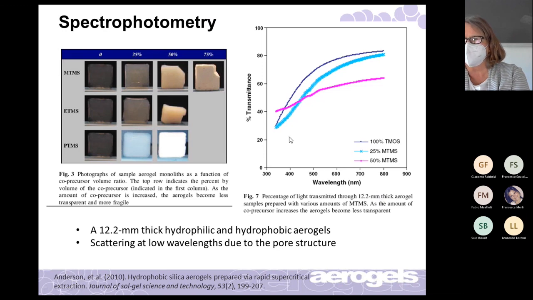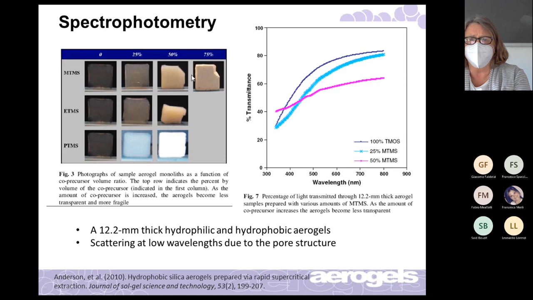But once we start to add these precursor chemicals that make it hydrophobic, you can see it becomes more opaque. Here's where we added 25%, and here's at 50%. It really lowers the amount of light you're able to transmit through it, and you can't really see through that.